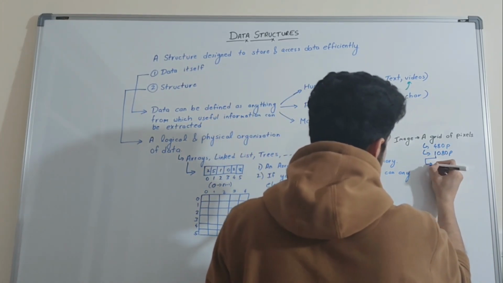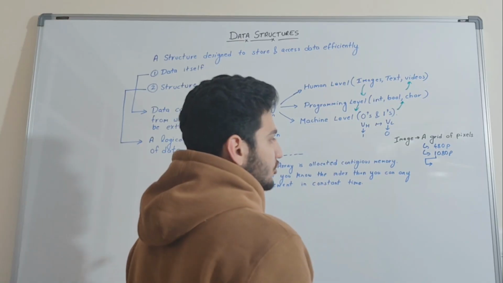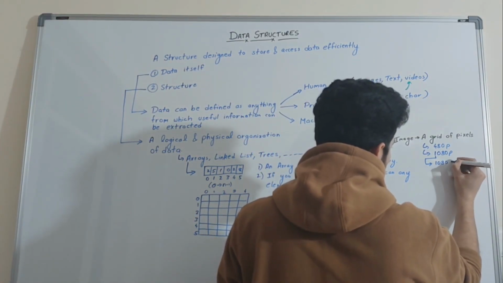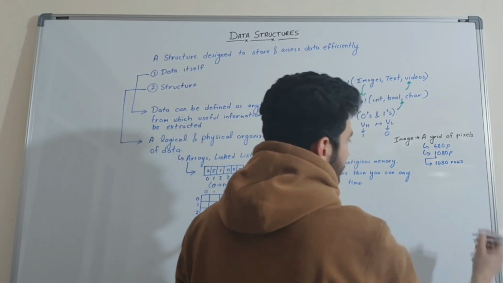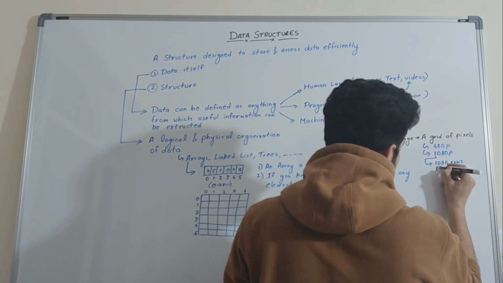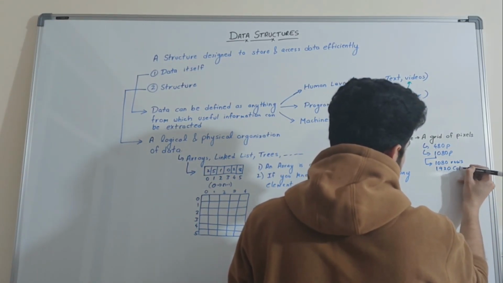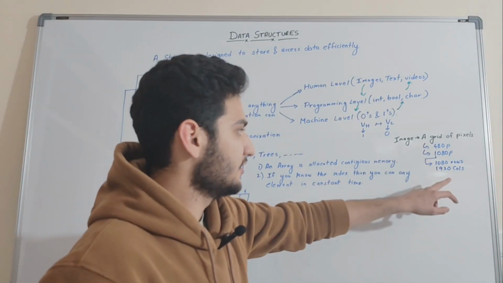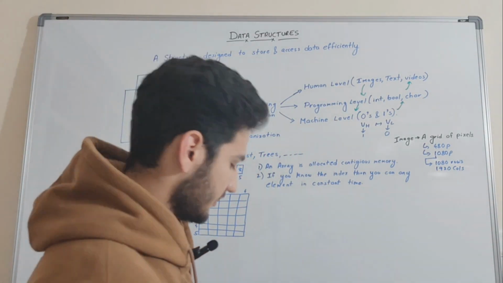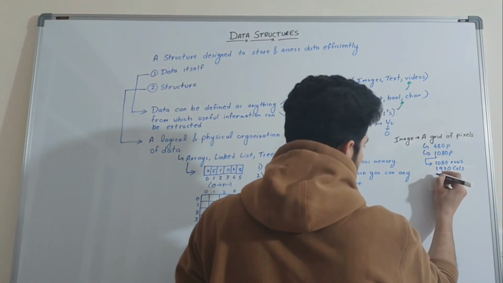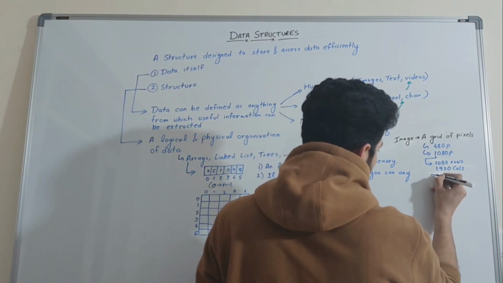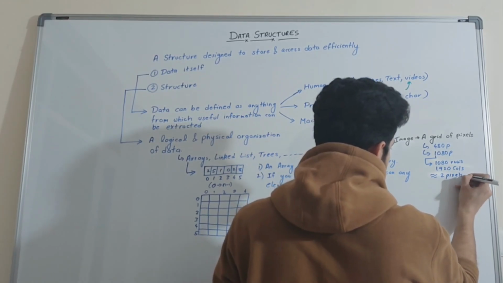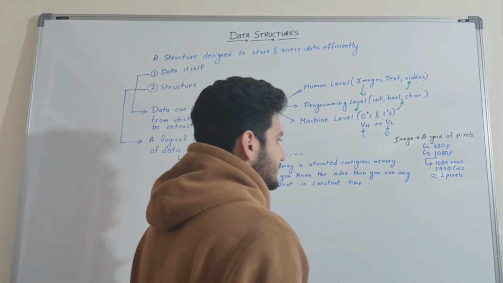So if you select the quality to be 1080p, what you are actually selecting is 1080 rows and 1920 columns. You are selecting a grid with 1080 rows and 1920 columns, which means around 2 million pixels.